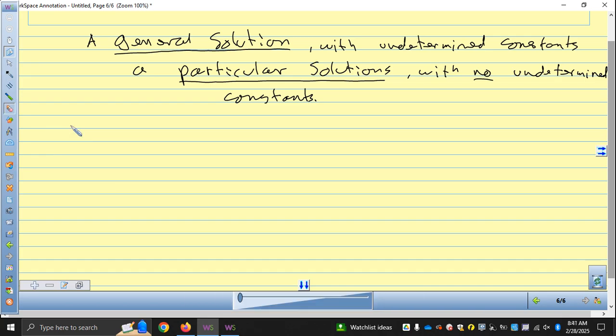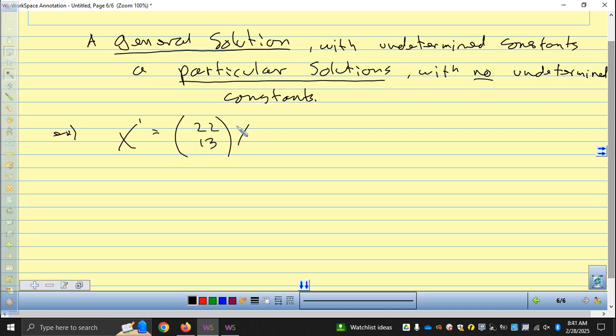So let's verify a solution. I'm going to say x prime equals [2, 2; 1, 3] x, and we want to verify that x equals [1; 1] e to the 4t is a solution.